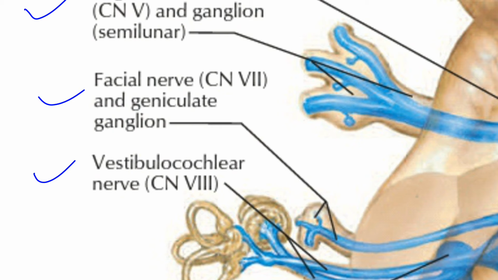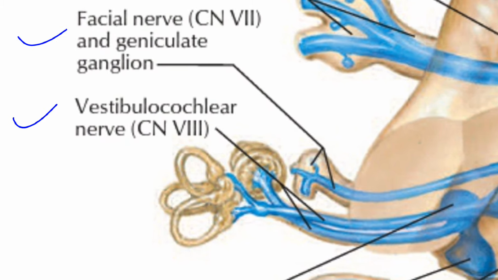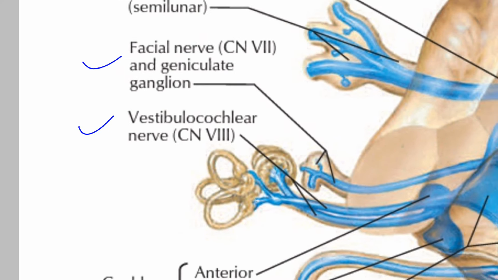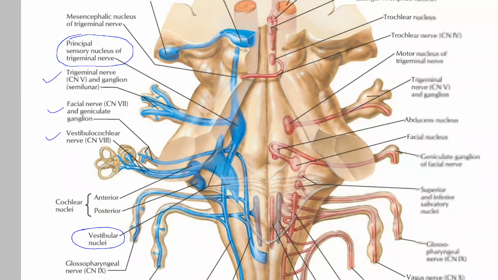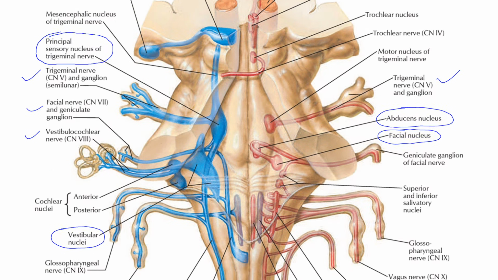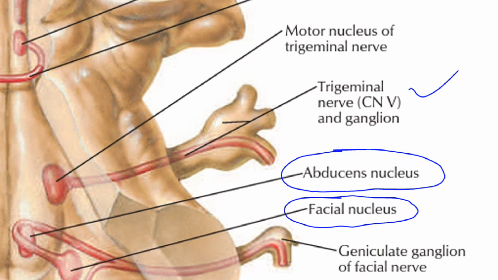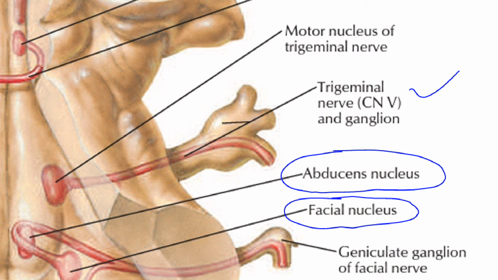then you see the facial nerve, cranial nerve 7, then the vestibulocochlear nerve, cranial nerve number 8, and on this side, the trigeminal nerve.